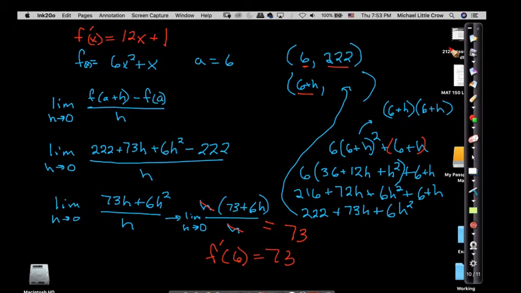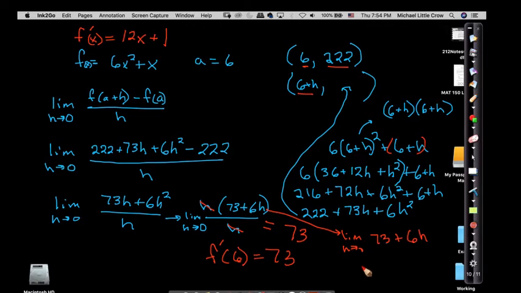At the end of that, you have 73 plus 6h, and that's pretty much this. And so then what I did, I talked through it, but I let h go to 0. So what we were really left with is the limit as h goes to 0 of 73 plus 6h.